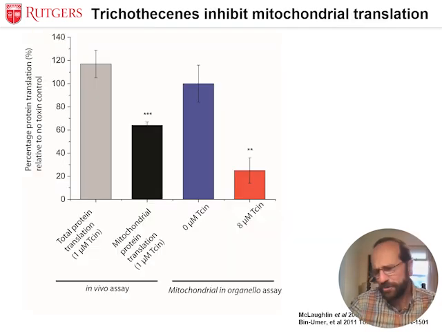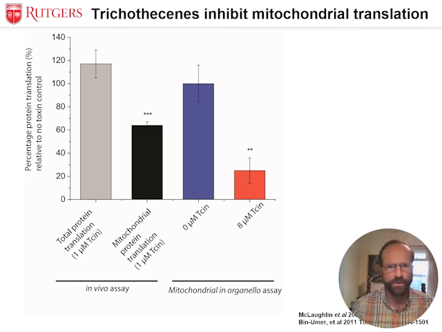So once we identified that mitochondria is a target of these toxins, you can ask questions like, do trichothecenes inhibit mitochondrial translation? We know one mechanism of trichothecene toxicity is inhibiting cytosolic translation, but because the genome-wide screen directed us to the mitochondria, we wanted to see if these toxins also impact mitochondrial translation.